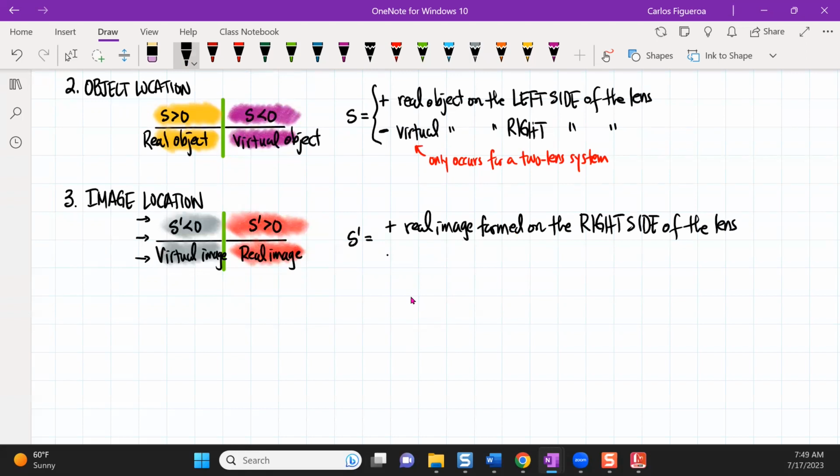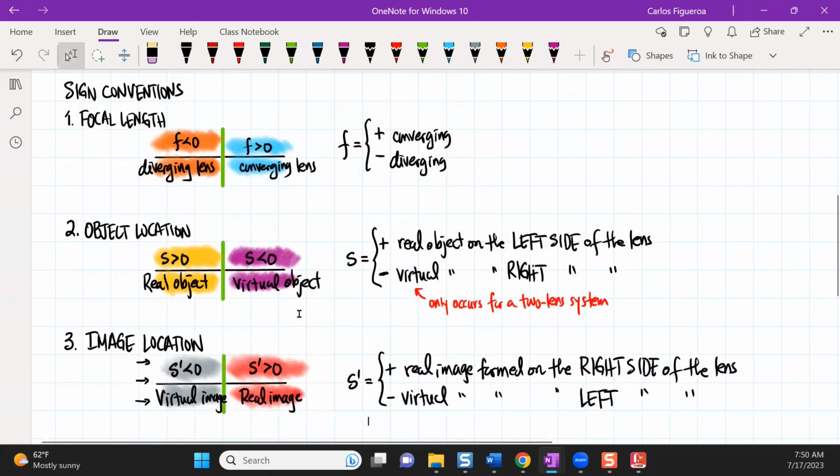On the other hand, if I have a virtual image, I have a negative, and that's formed on the left side of the lens. So that's our sign convention for these locations of the focal length, object and image locations.